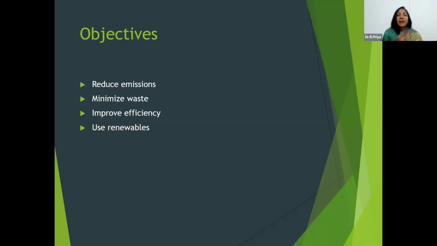Then using renewable energy, such as solar, wind, or biomass, helps reduce the dependence on fuel and lower carbon emissions. Many modern factories are now integrating renewable energy into their power systems.